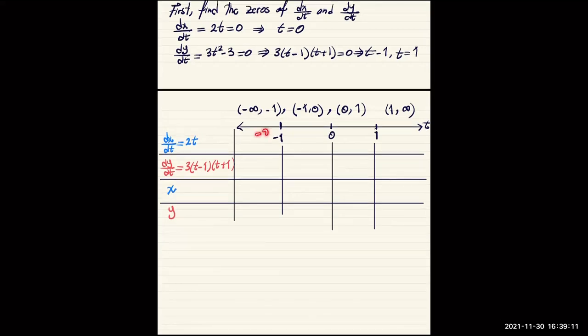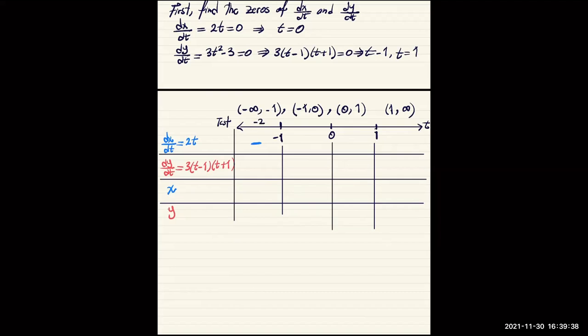Pick -2, let's say. Putting -2 in this function gives us a negative dx dt. Does it make sense, guys? Here, I'll just write it down. These are our test points. We test -2 here. 2 times -2 is negative.